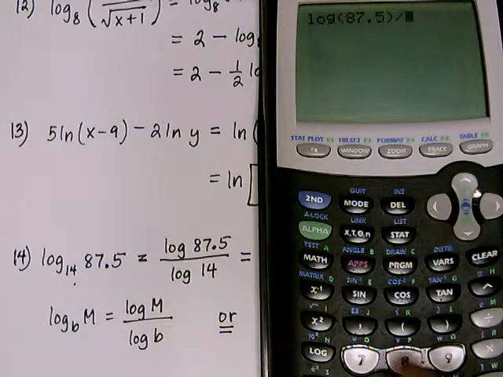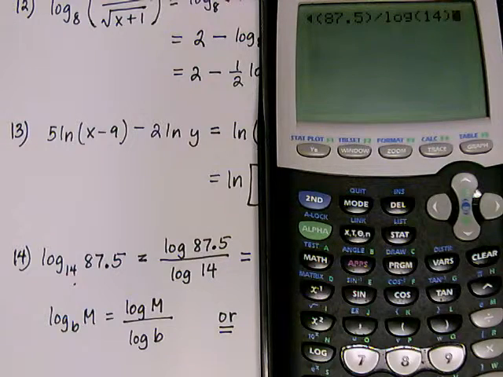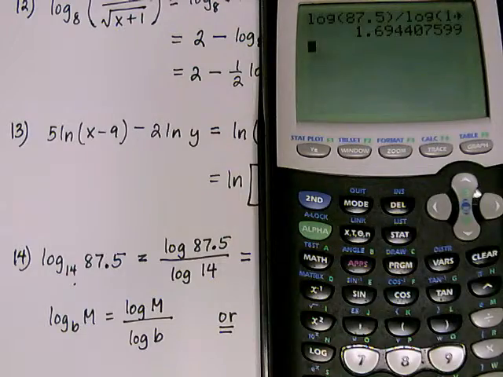And then that's divided by the log of 14. Close parentheses. And then press enter. And you'll get 1.6944075999. But to round that off to 4 decimal places, that would be 1.6944.